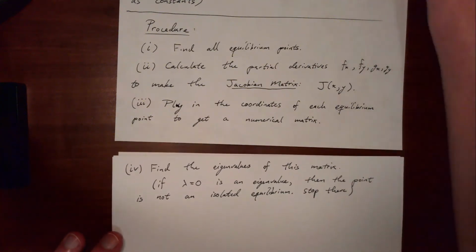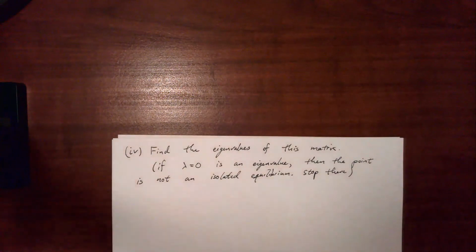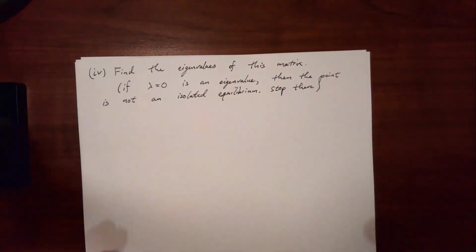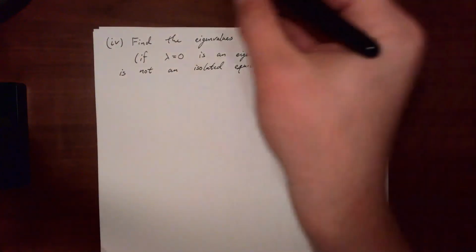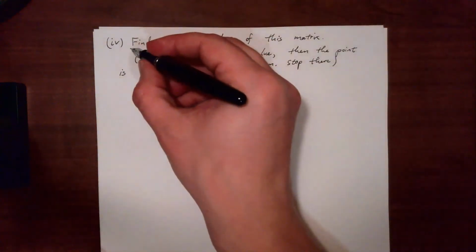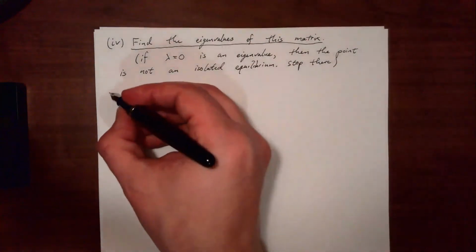But if the eigenvalues are all non-zero, then we can basically use the same classification scheme that we have been using for linear systems at the origin to classify the equilibrium points.